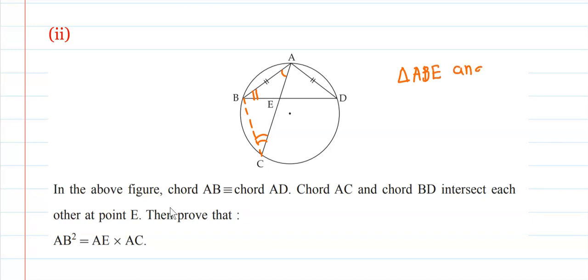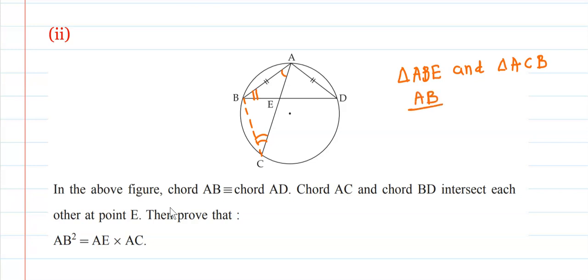And the second triangle is triangle ACB. In these two triangles, we have two angles congruent. Therefore, they are similar by the angle-angle test. Therefore, their corresponding sides are in proportion. That is, what do we get?